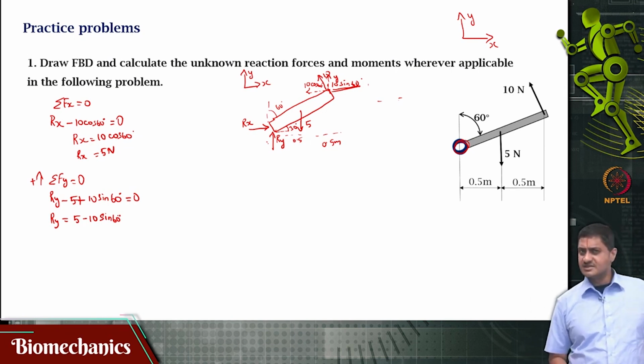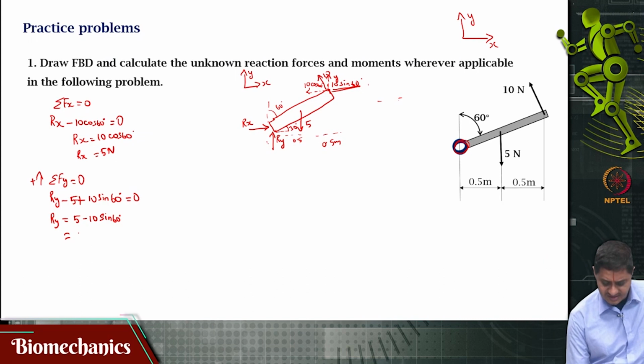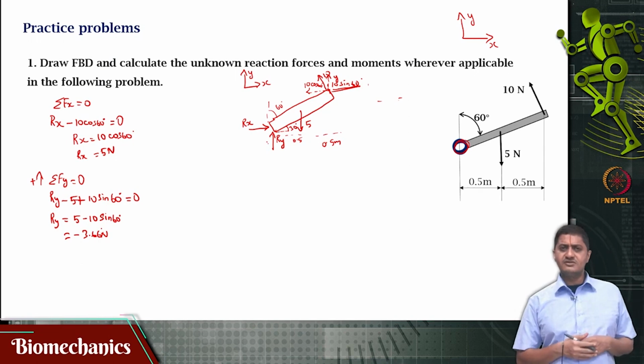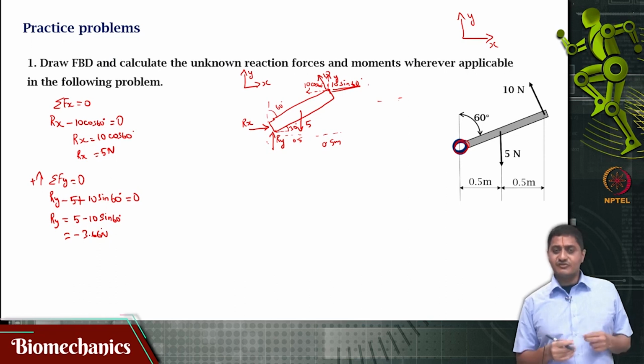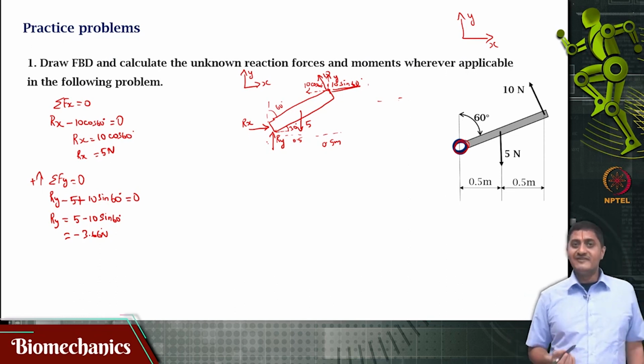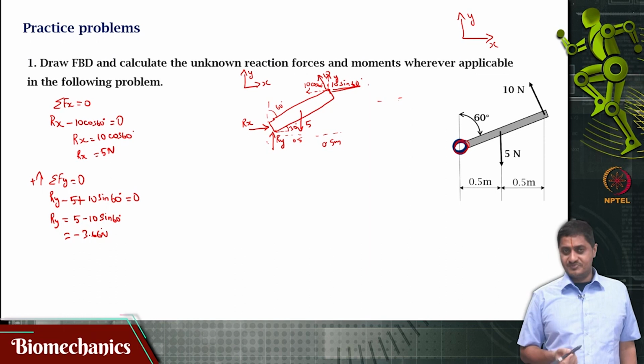It looks like this is not a positive number. We can use a scientific calculator and check, and you will find that this is actually minus 3.66 Newton. What does it mean that a force is minus 3.66 Newton? It means that the sense of the force that I have assumed is not correct. I have assumed Ry to be vertically going up.